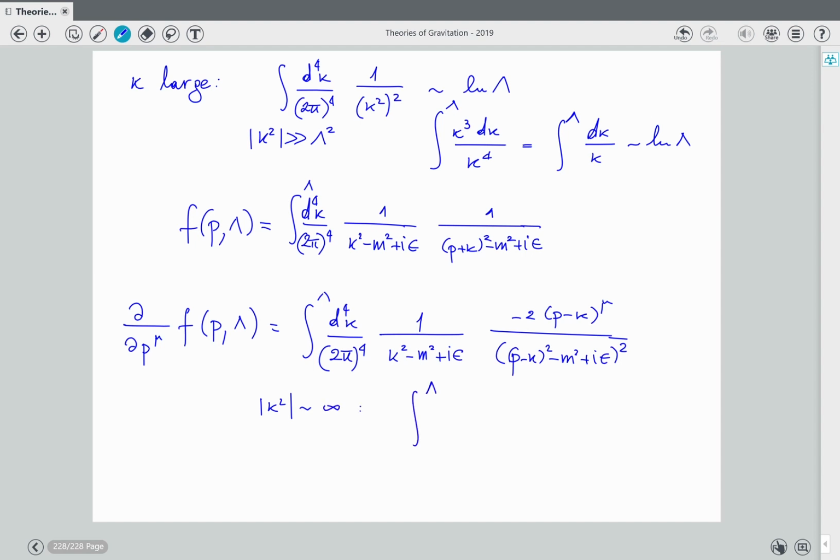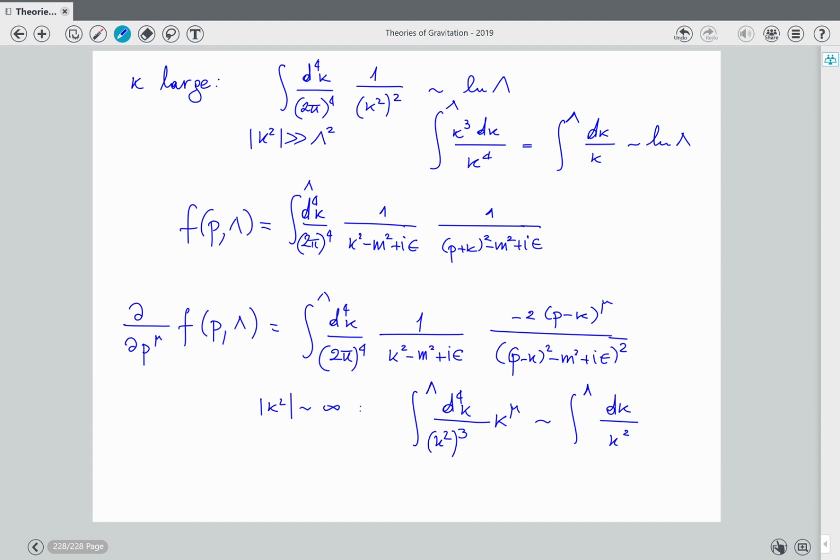What do you have? The integral d4k divided by what? A k squared here, a k squared squared there, and 1 k mu. That's d4k, it's like saying the integral dk divided by k squared.